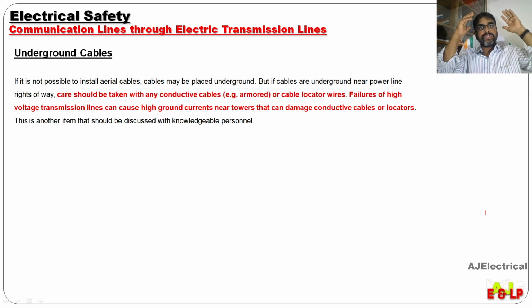So if it is not possible through the towers, they will move to underground cables, and in the right of way area itself such fibers will be drawn, and these fibers may have some armoring, or there will be some locator wires, means it is underground, so it may have some locator wires.